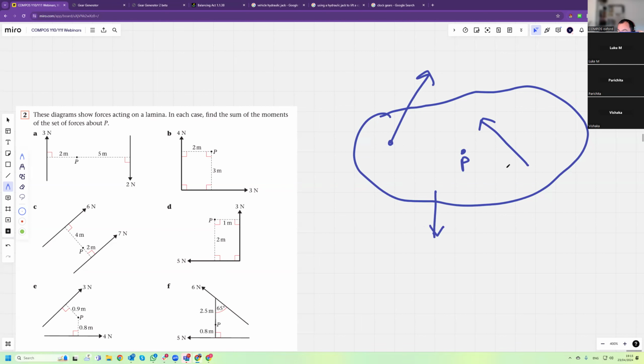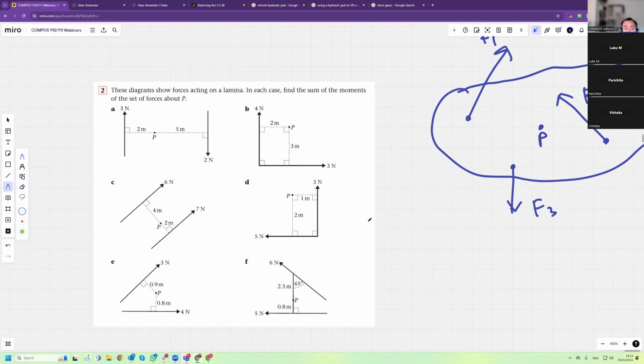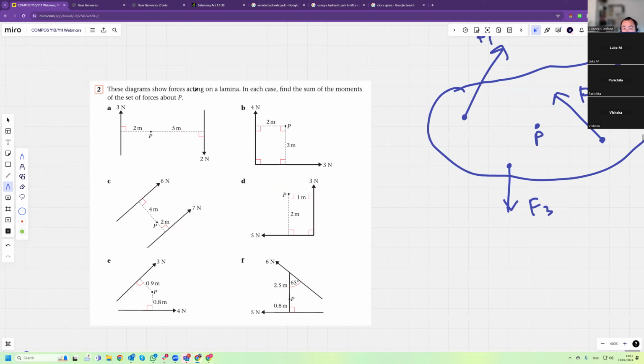We want to know, will this system rotate or not? Yeah, F1, F2, F3. And we need to calculate the moment of each force, and then we can work it out. This diagram shows forces acting on a lamina, so basically a plate. In each case, find the sum of moments about point P.